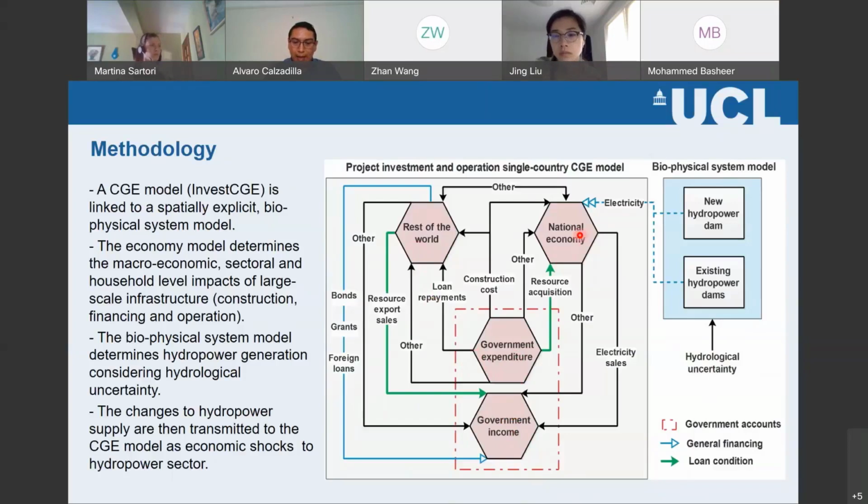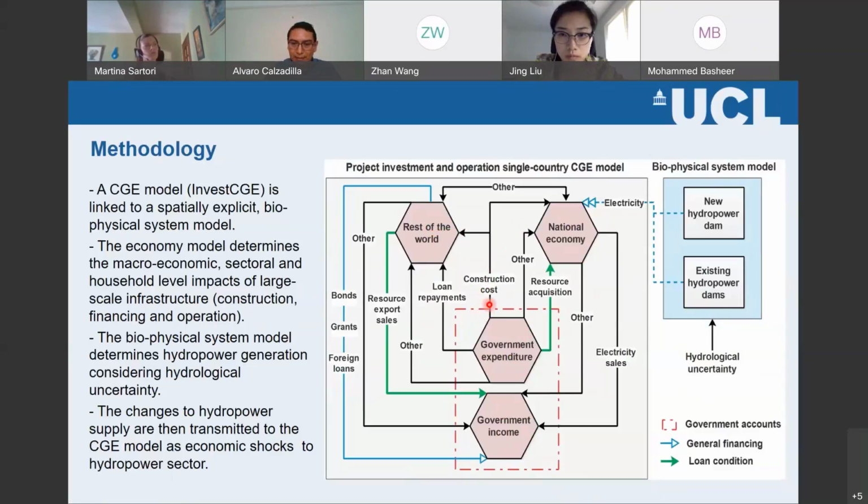And the two accounts, the expenditure and the income accounts of the government, will be impacted differently at each stage of the project. In the construction phase, for example, here we can see that we can basically import inputs from the national economy and also from the rest of the world. For example, the turbines are imported from the rest of the world.